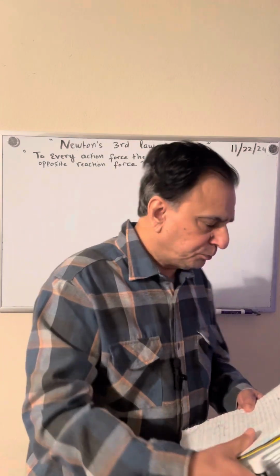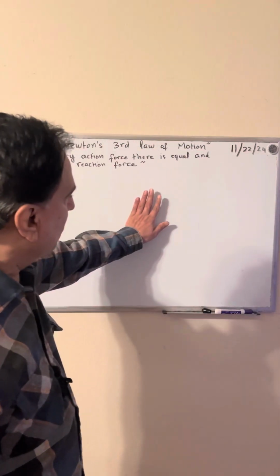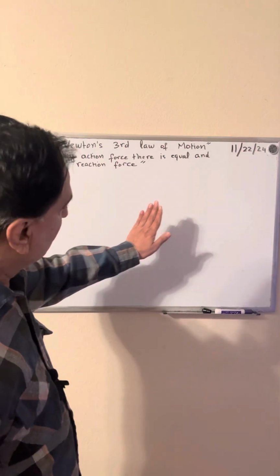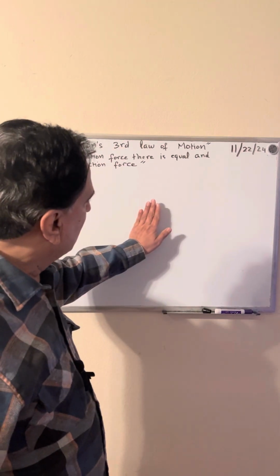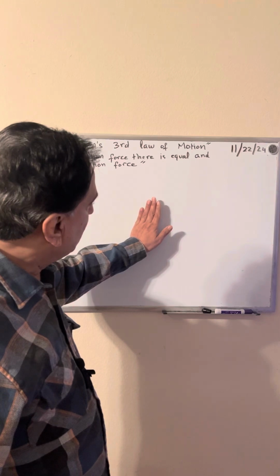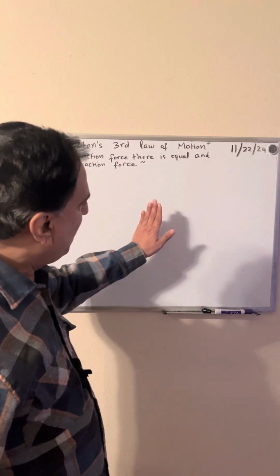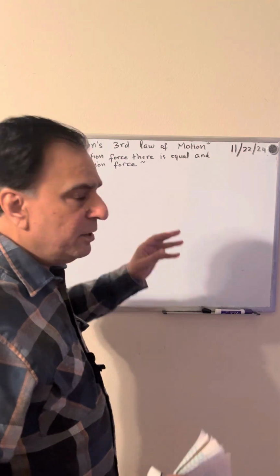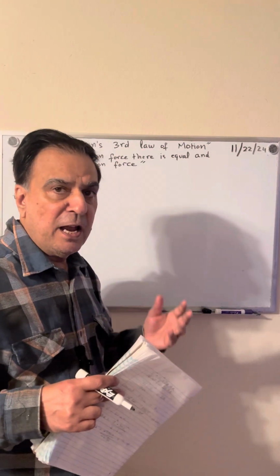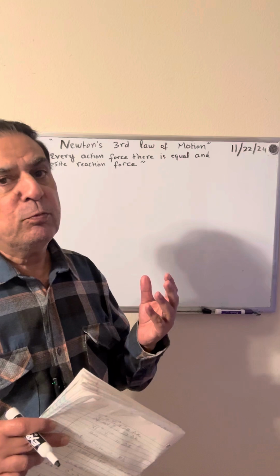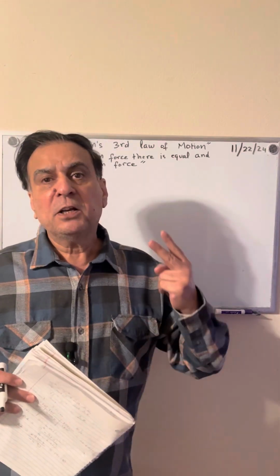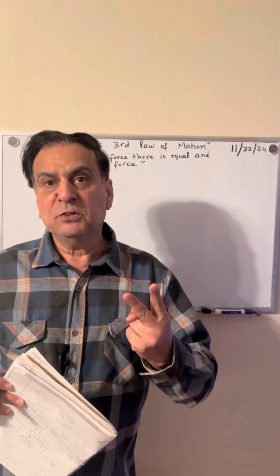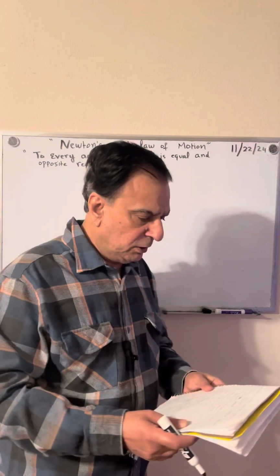For example, I push on this board right here with my hand. So my hand is applying force. However, the board is applying force back in the opposite direction. So that's why you have to understand that when you talk about force being applied, there are always two bodies, two objects involved.